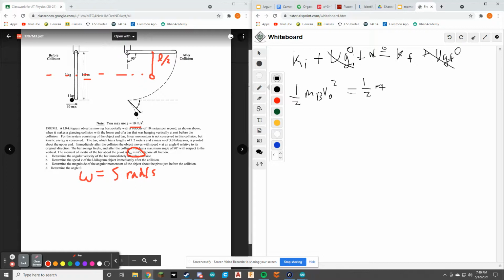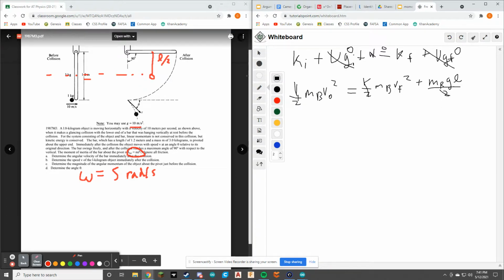For the ball, 1/2 m v final squared, plus, if we remember from question A, the kinetic energy of the rod just after the collision is also equal to its final gravitational potential energy, so we can make it easier by using m_r g L over 2.